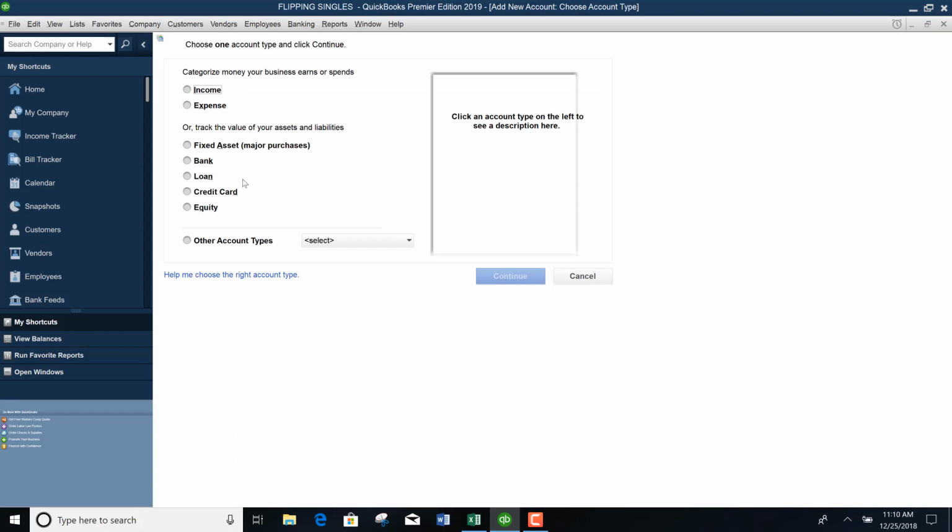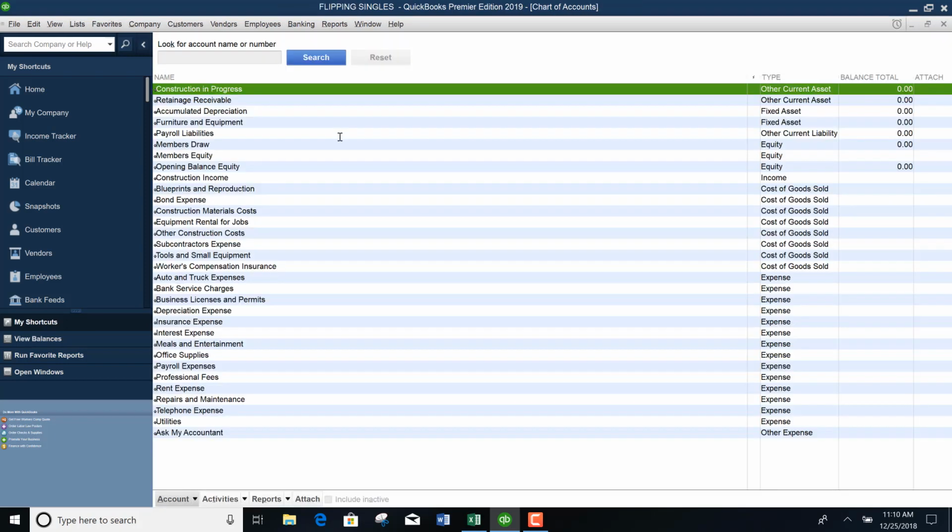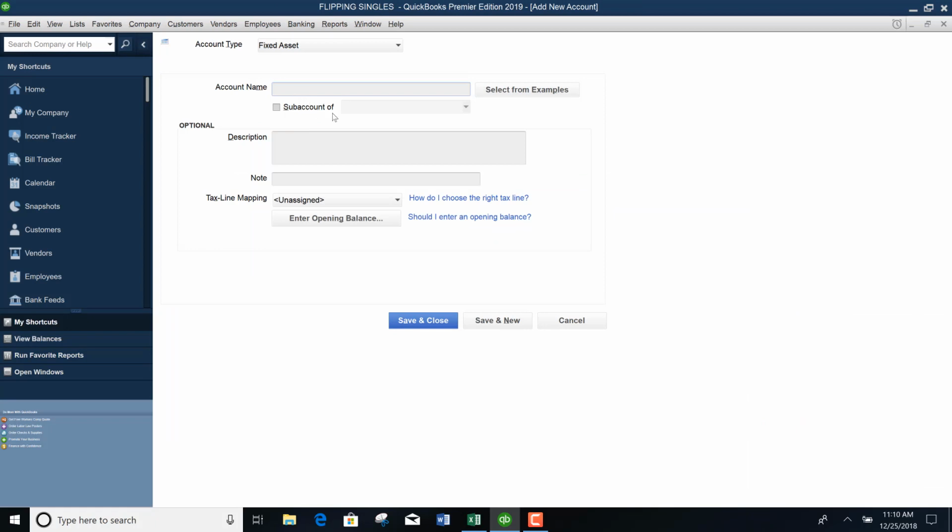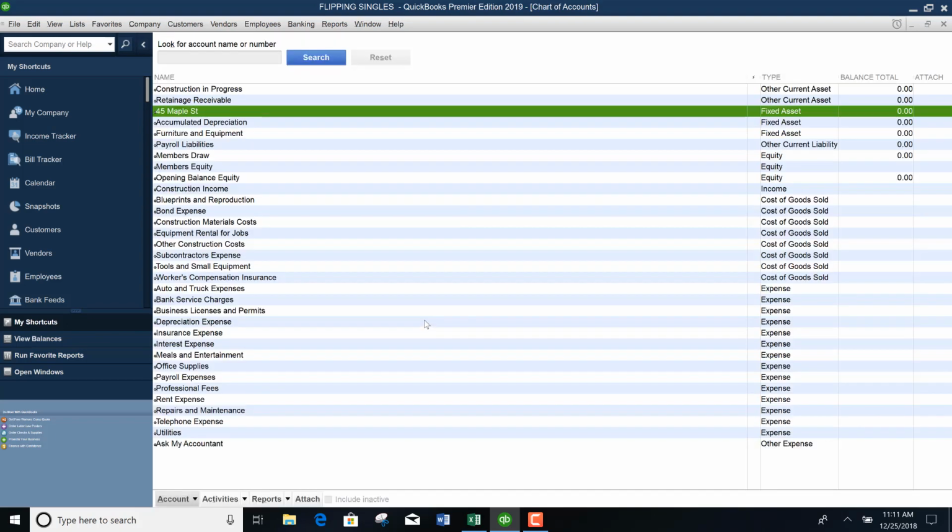This is a fixed asset because it's the property, and I'm going to call it 45 Maple. Okay, so that gives us what we want on the fixed asset side of the balance sheet.